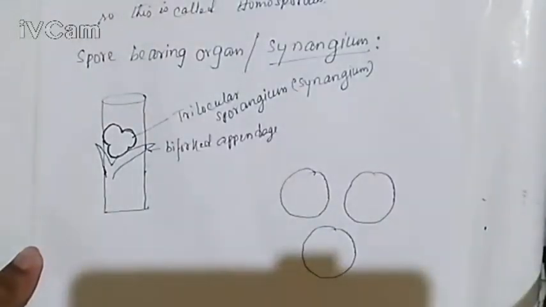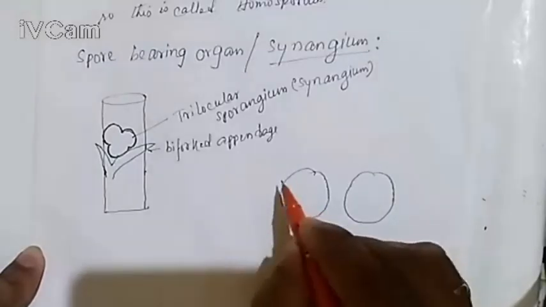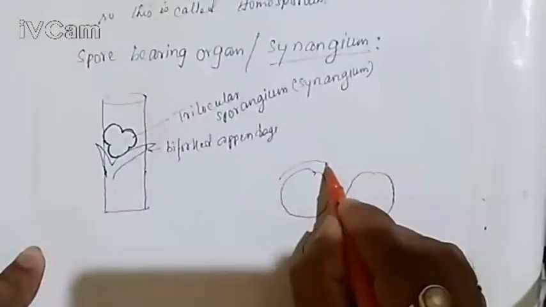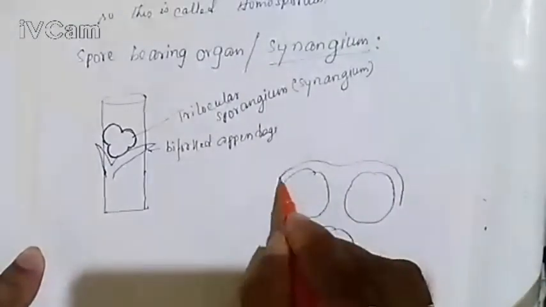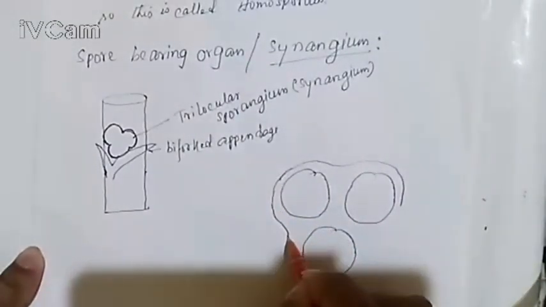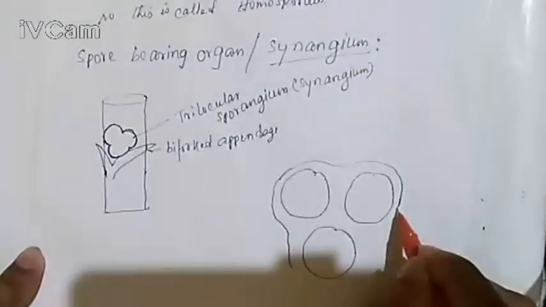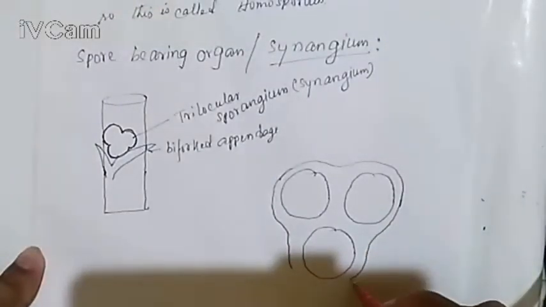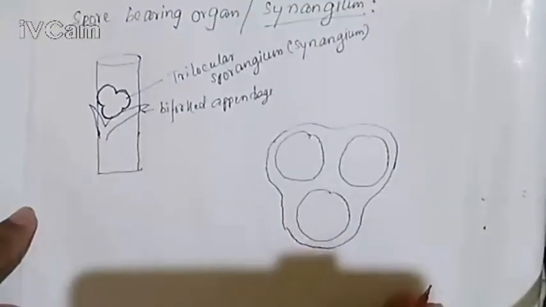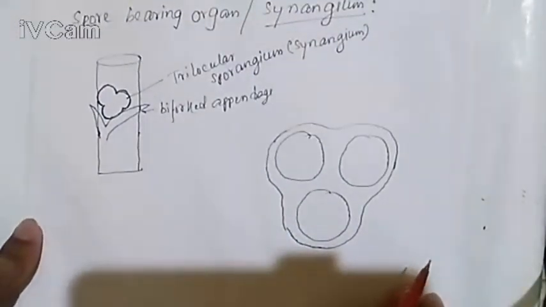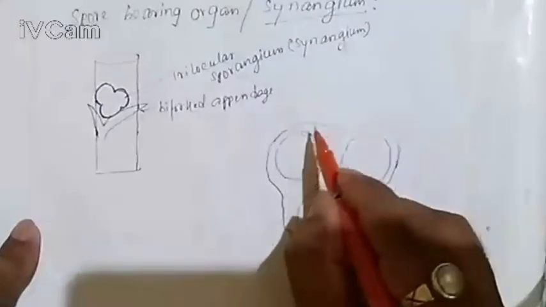There are three separate sporangia. This is the outermost covering of the synangium. It is multi-layered.